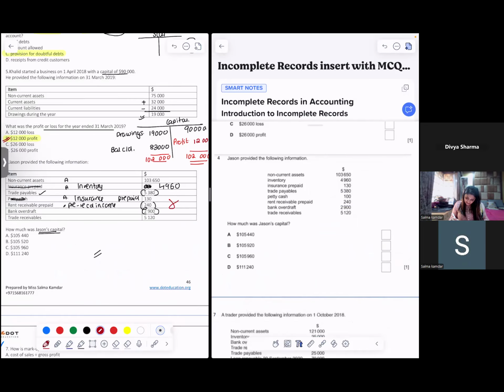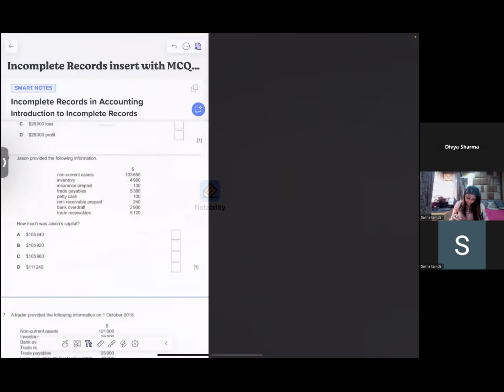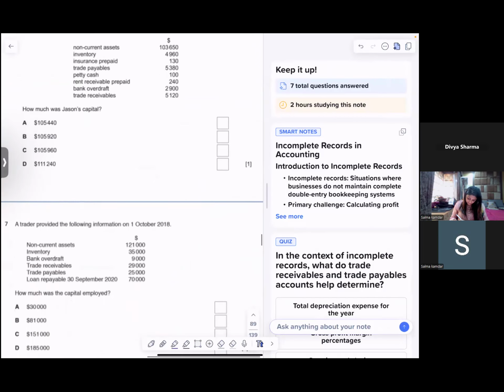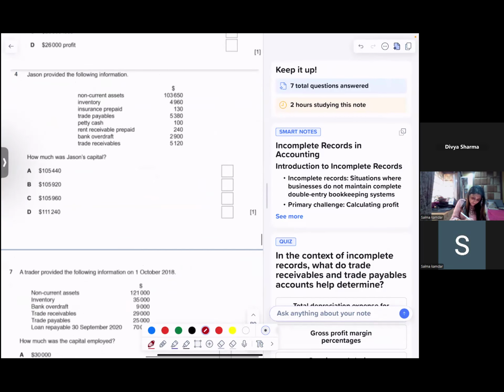We'll do assets minus liabilities. So, non-current assets, inventories asset, insurance prepaid asset, trade payable would be minus, petty cash asset, rent prepaid receivable income liability, bank overdraft liability, and trade receivables asset.